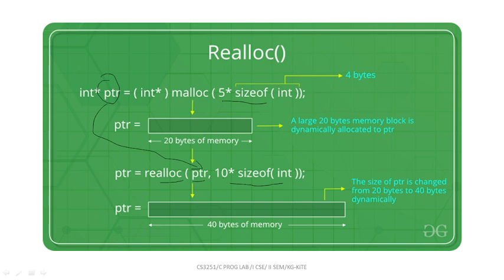In addition to the 5 memory locations of integers already allocated, we are going to allocate 5 more memory locations in order to store 10 integer variables. Here it had allocated only 5, but here it is reallocating memory for storing 10 integer numbers. This is what happens when we reallocate.